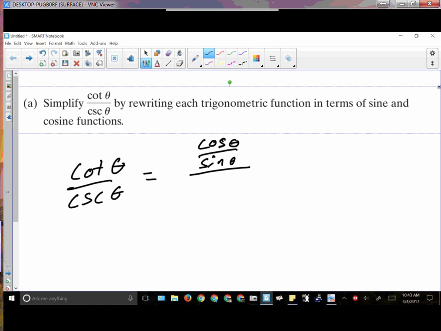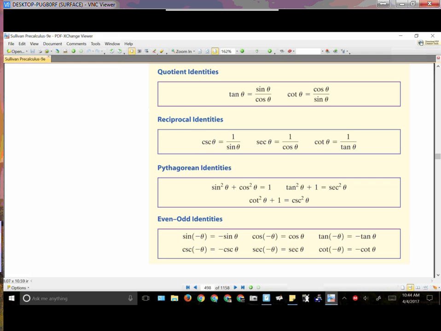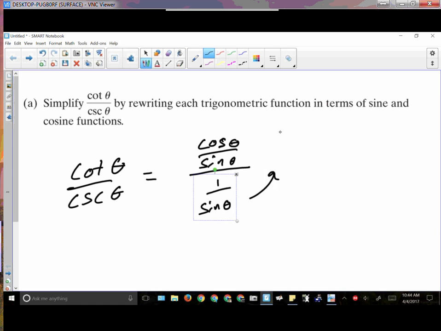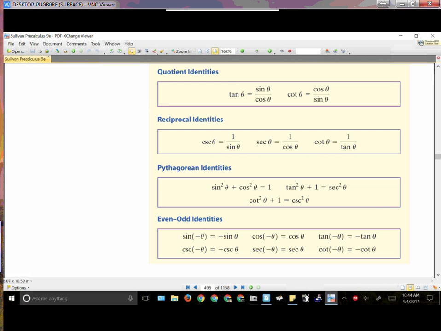What is cosecant? Cosecant is 1 over sine theta. Well, multiply by the reciprocal because we can't divide by a fraction, so we get this. Those cancel out, and this simply equals cosine. That's really all that we're doing with it, just rewriting it and simplifying. Not that big of a deal.